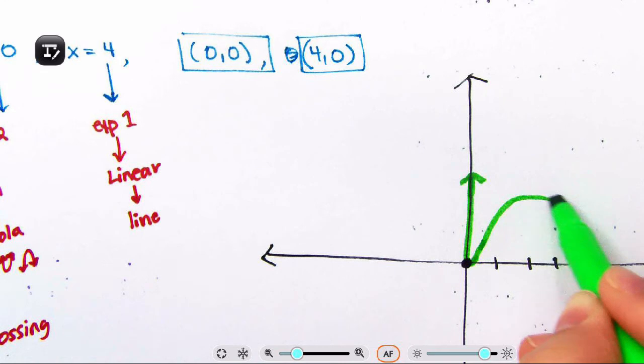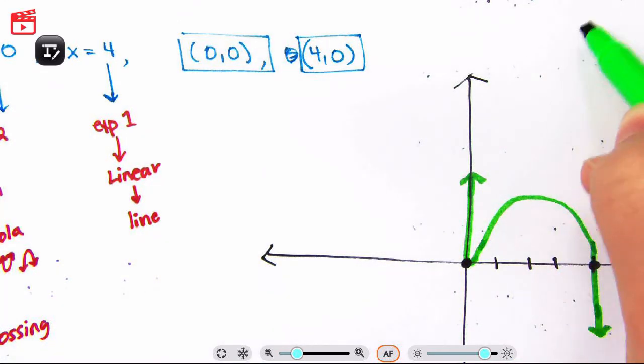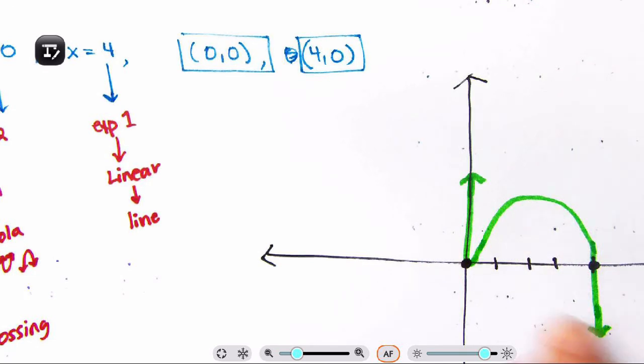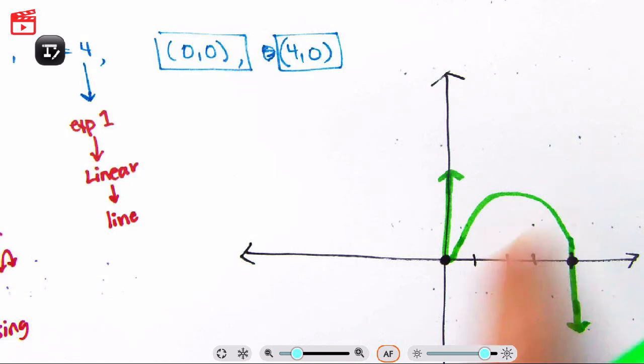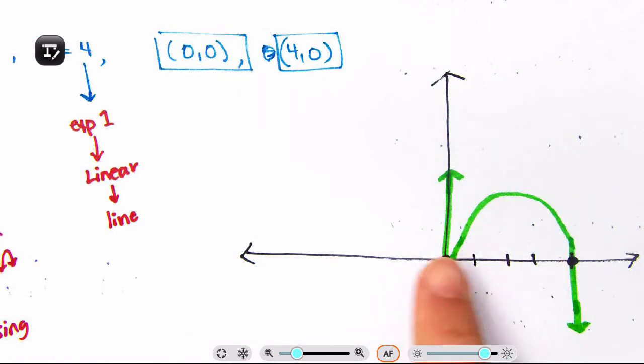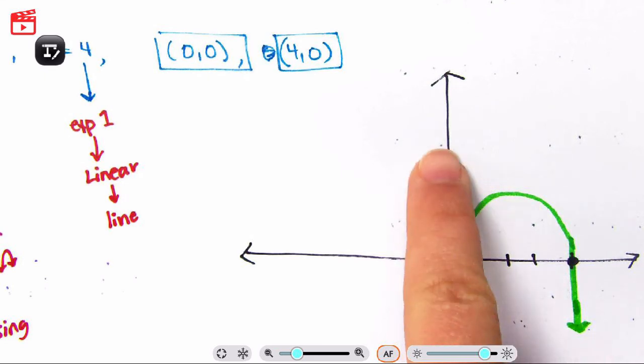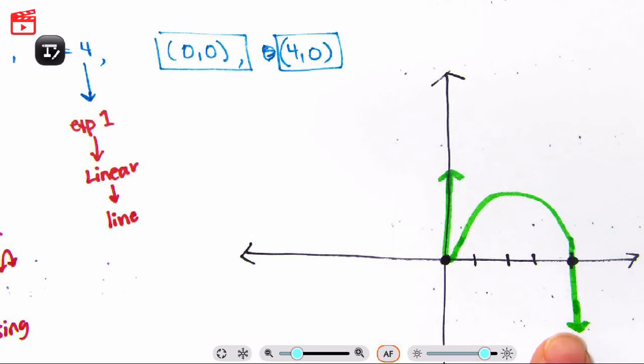Now, somewhere here, we don't know where that is. It could be here. It could be all the way up here. It could be all the way to positive 275. We don't know where this is at, so we're going to approximate it here, and it goes down. So it has to meet your end behavior. If this is increasing here, it's going up on my left-hand side, it's going down on my right-hand side.